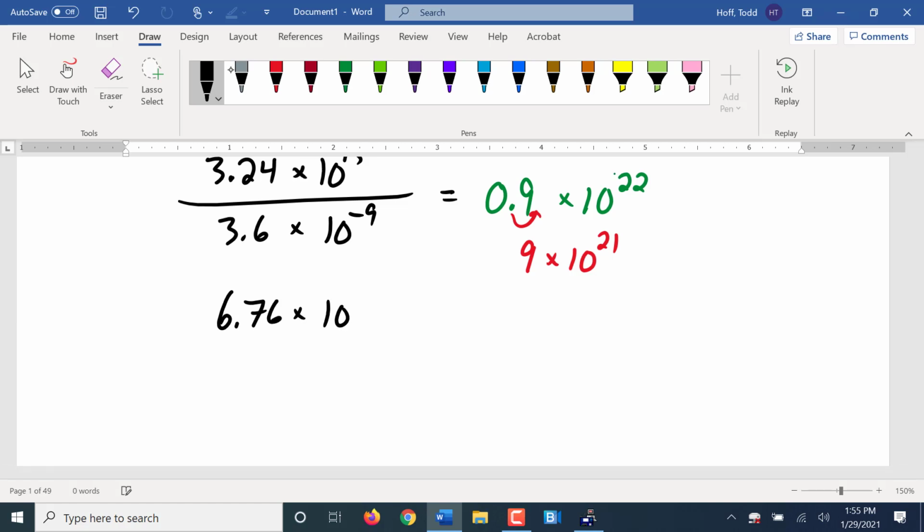So let's do 6.76 times 10 to the negative 18th divided by 5.2 times 10 to the 15th.